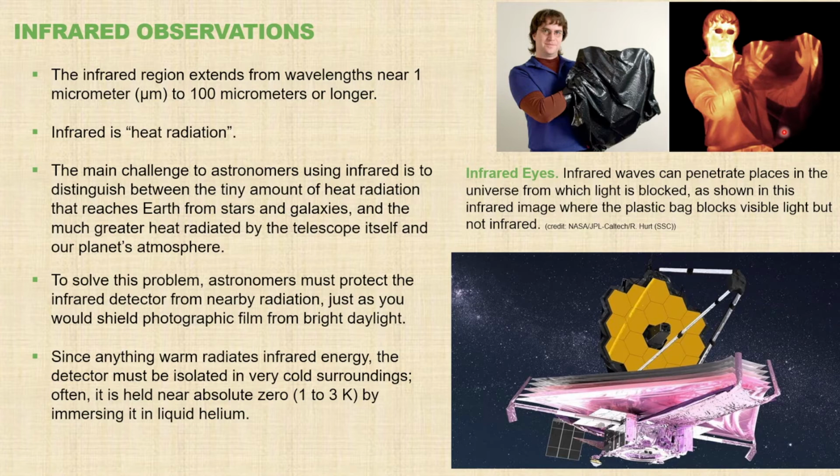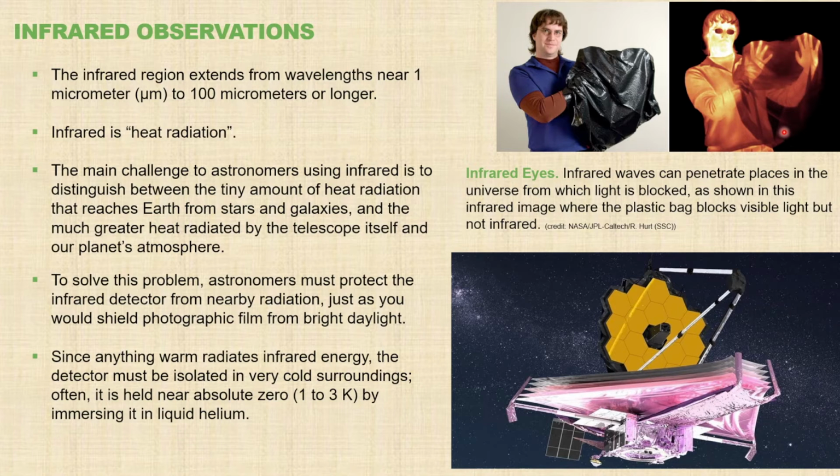Okay, and the solution to that is, there are two ways we can prevent that. For the Earth-based telescope, this telescope can be covered in a very cold surrounding, cold temperature.